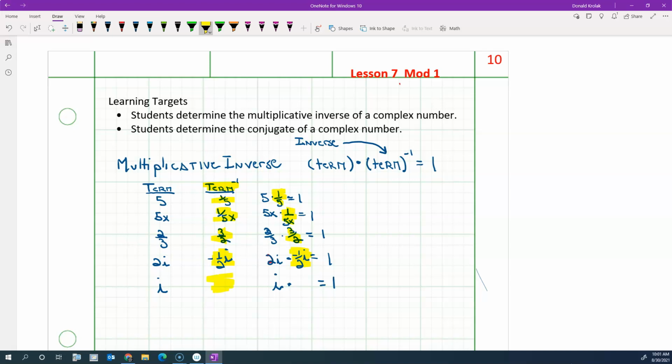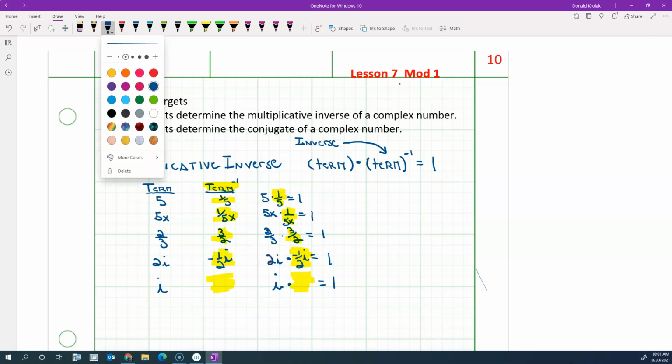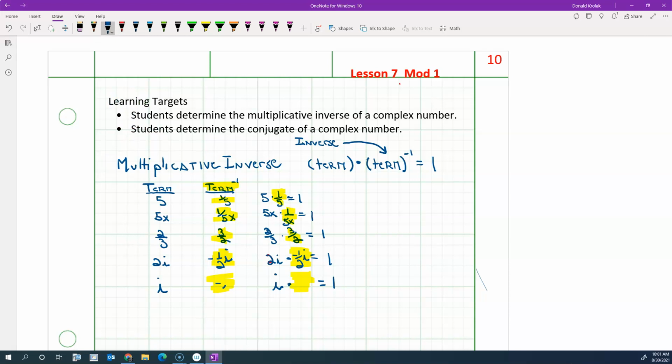Negative i? Okay, let's see if that works. All right, so if I go negative i times i, that would equal negative i squared, which would be the opposite of negative 1, which is 1. Yep.